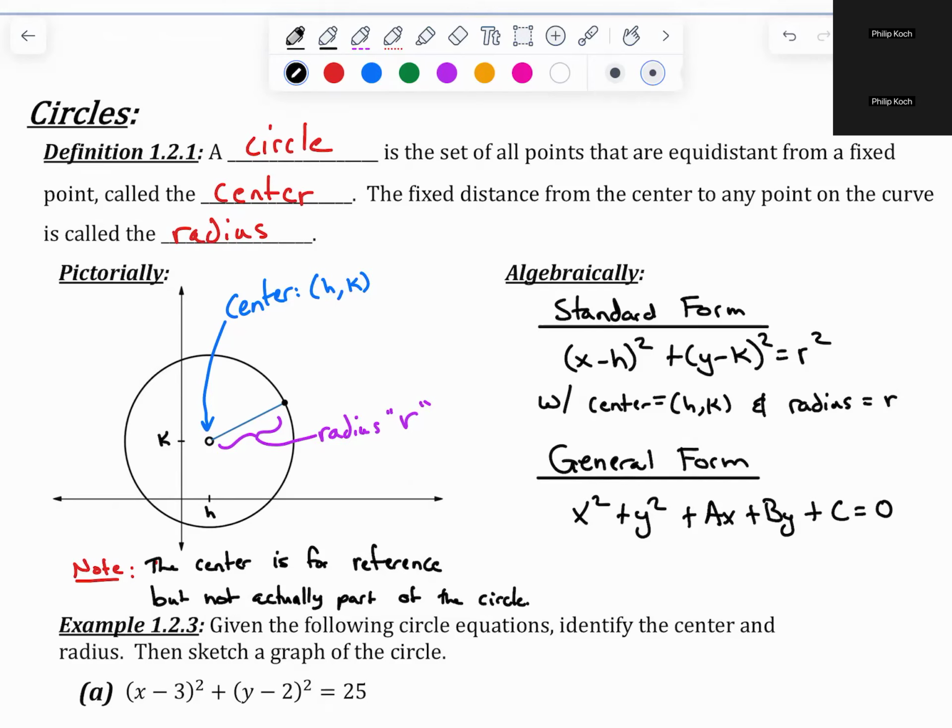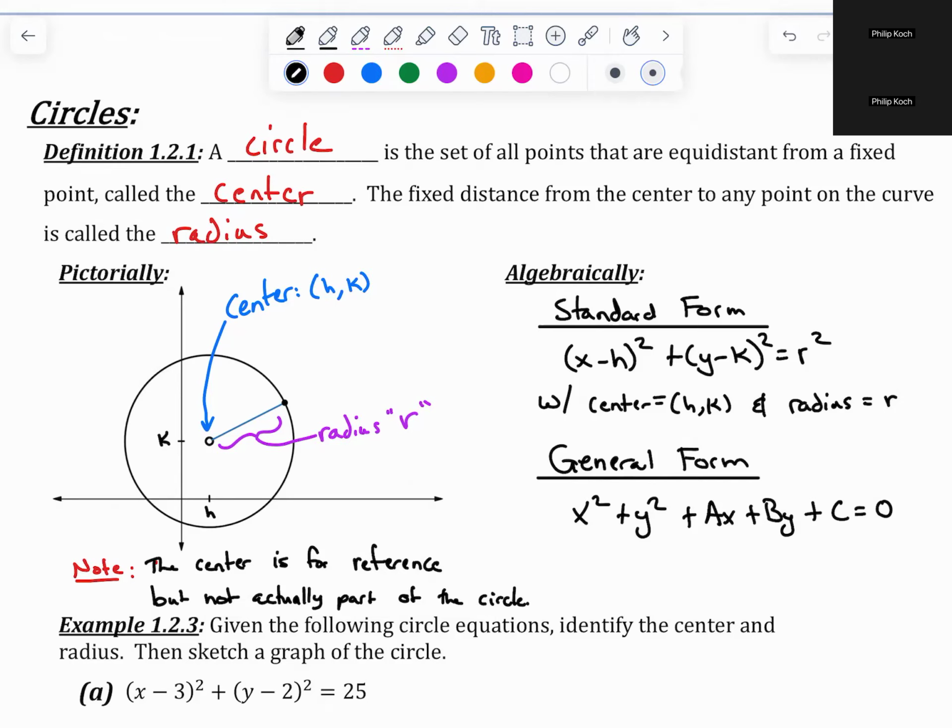If you want to go to general form, all you need to do is FOIL everything out, simplify it, and bring it all to one side. General form doesn't have very many uses. It has a few and far between, but standard form is the gold standard, hence the name standard form.